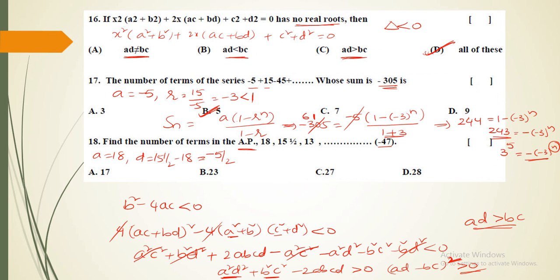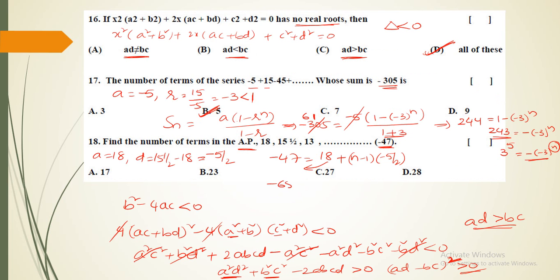Now what is he asking? Minus 47 is which term? So directly we can say how many terms there are. So minus 47 is equal to A, which is 18, plus n minus 1 into D, which is minus 5 by 2. So when I transpose this 18, 47 and 18 is 65.